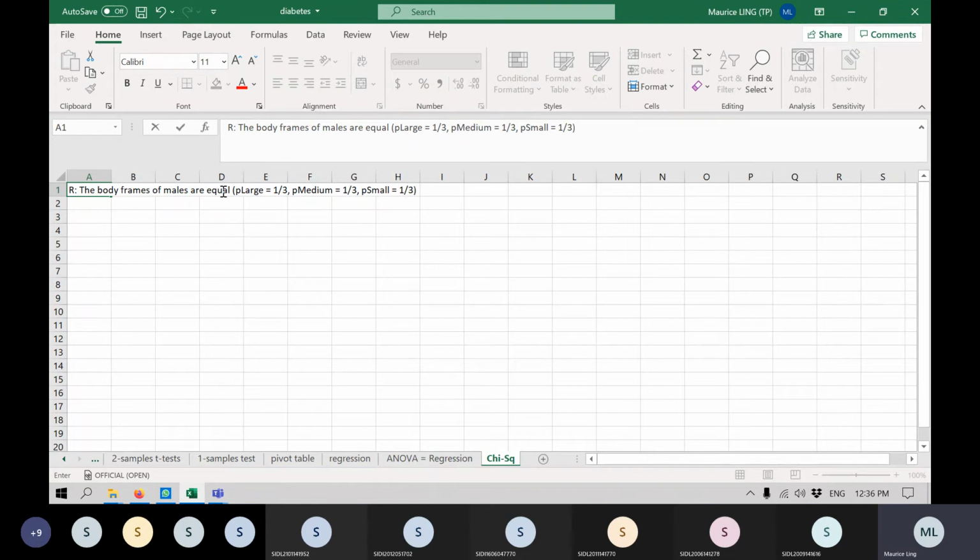My null hypothesis is that the proportions of body frame are equal. My alternate hypothesis is that the proportions are not equal.